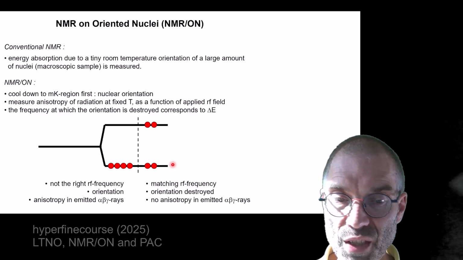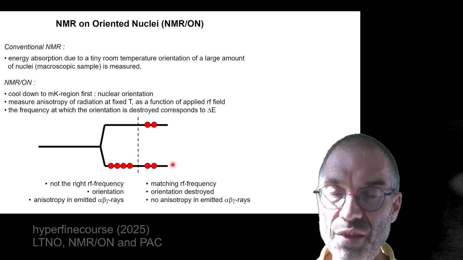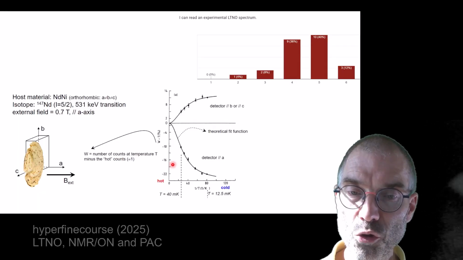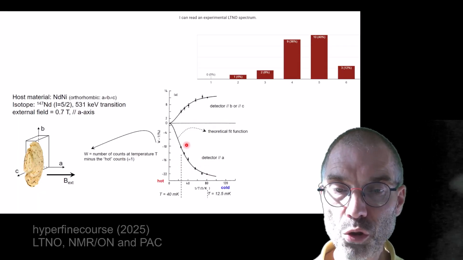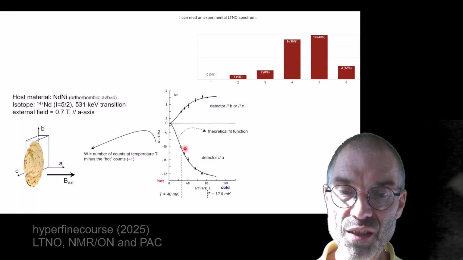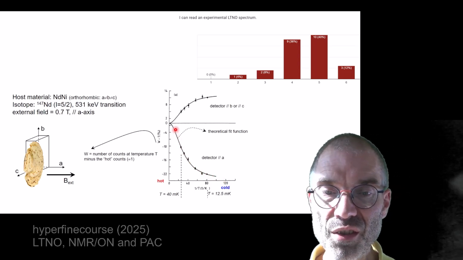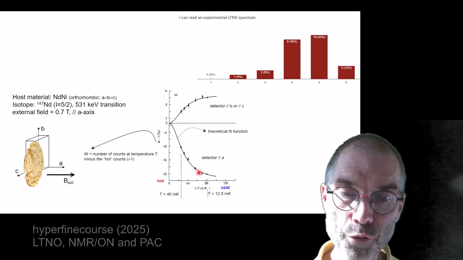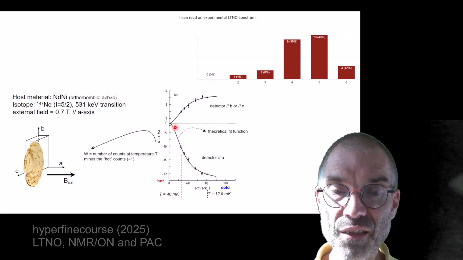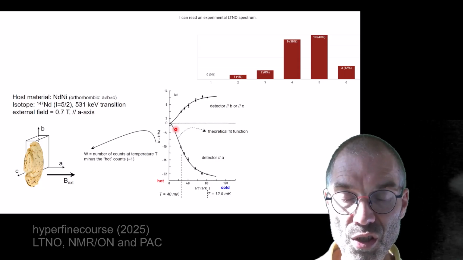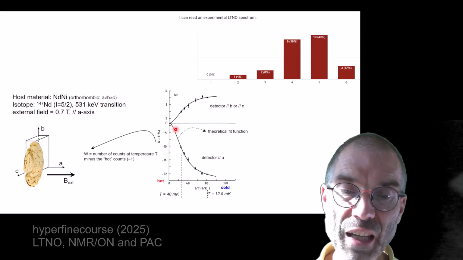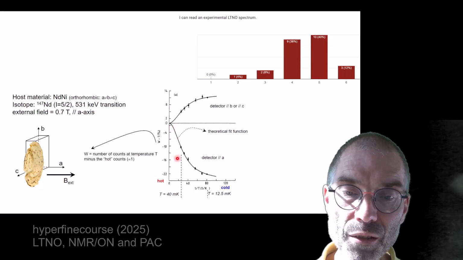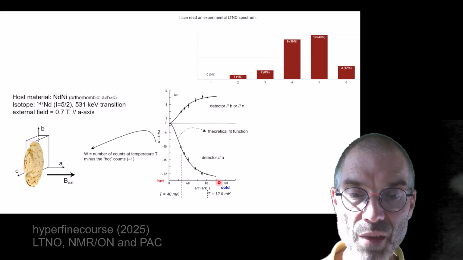Such a measurement is always much more sensitive than what we had before with low temperature nuclear orientation. Here, the strength of the hyperfine interaction is related to the curvature of this line. The larger the hyperfine interaction, the steeper this curve will be.